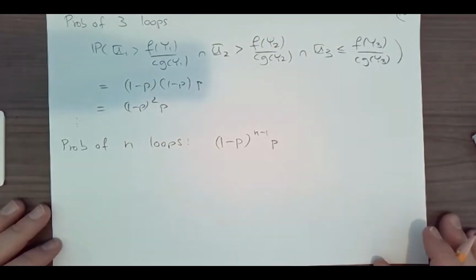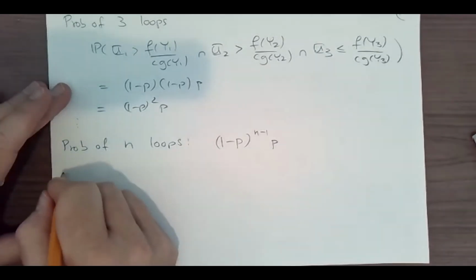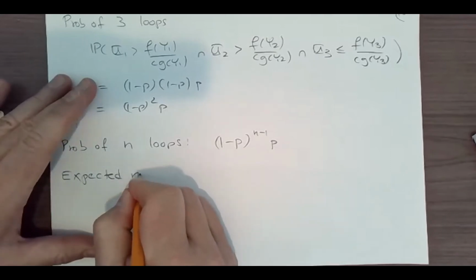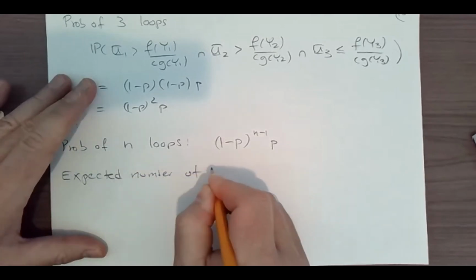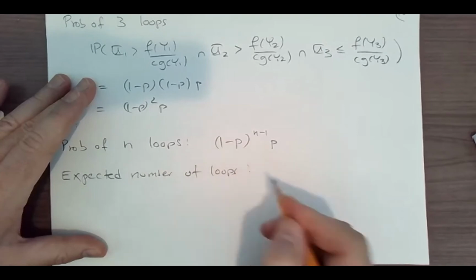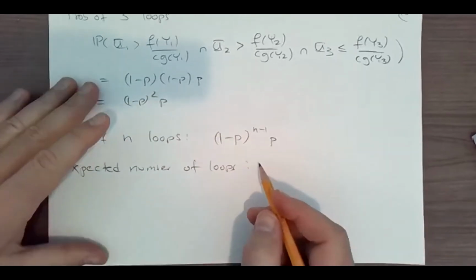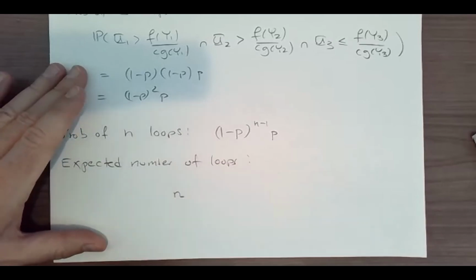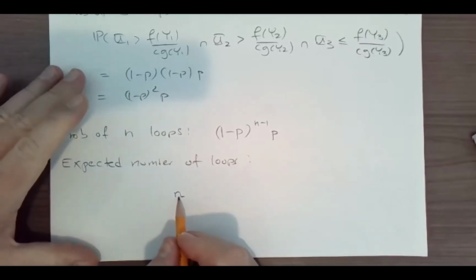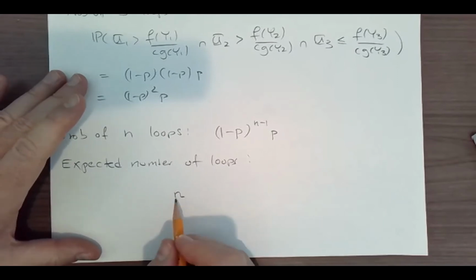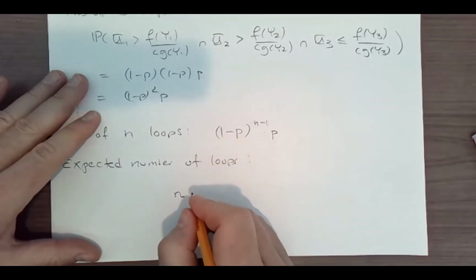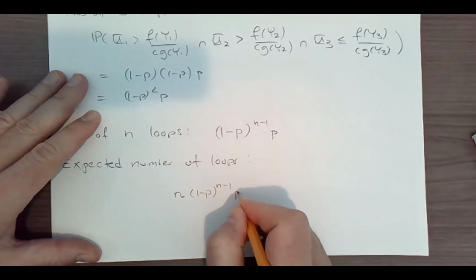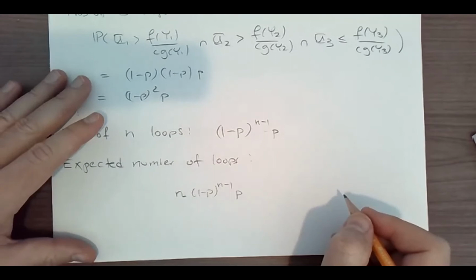So now we know what the probability distribution is, and then we can compute the expected number of loops. I'll just take the average of this distribution: the probability of getting n, so that will be n times 1 minus p to the n minus 1 times p, and then you sum.